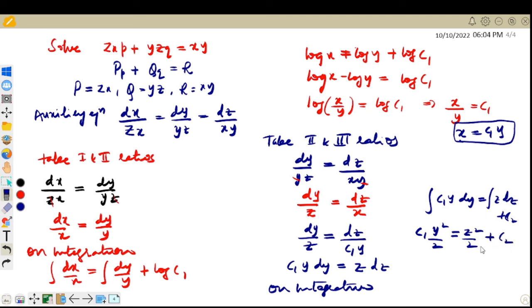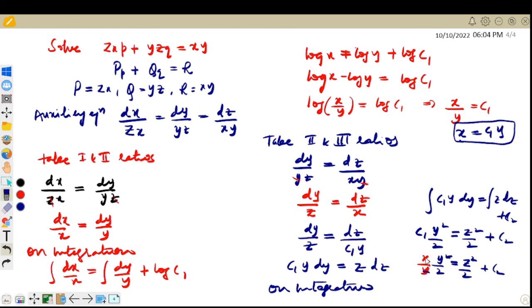Okay, fine. Further, let us substitute the c1 value. The c1 value is x by y. So x by y into y square by 2, as it is, is equal to z square by 2 plus c2.